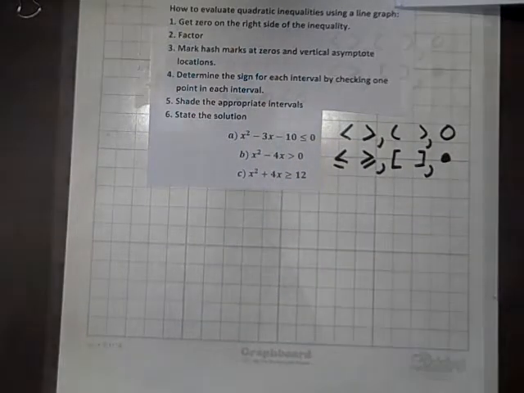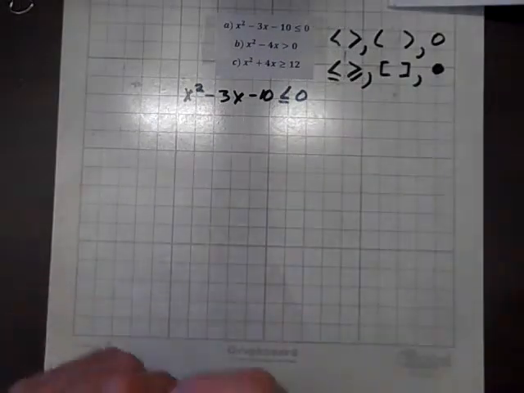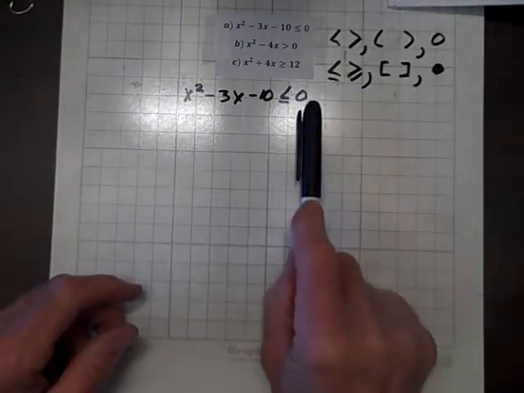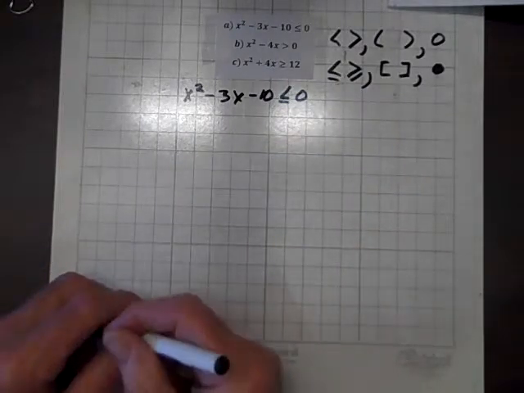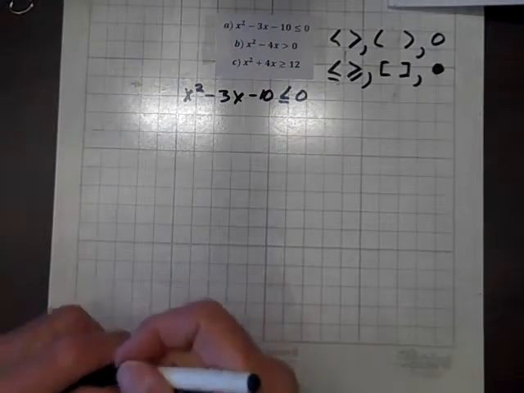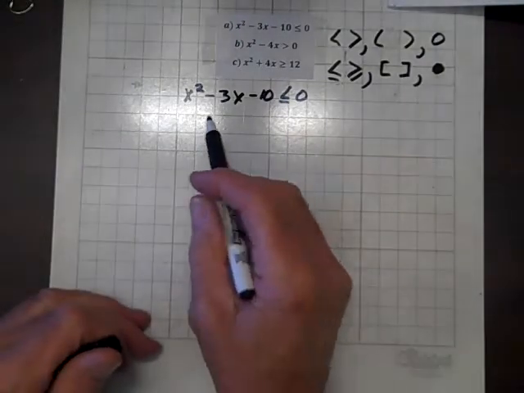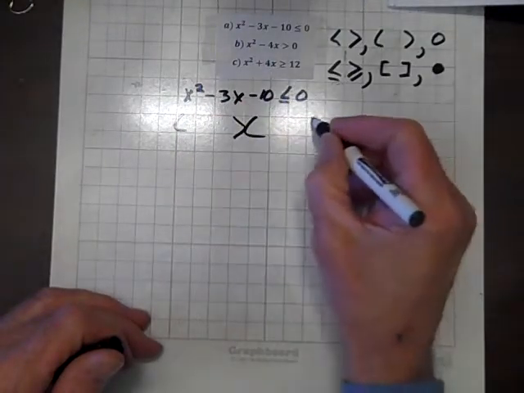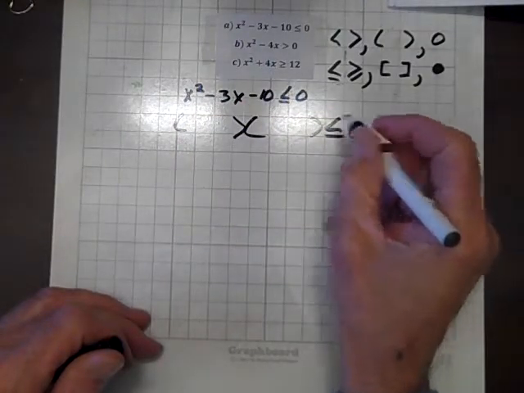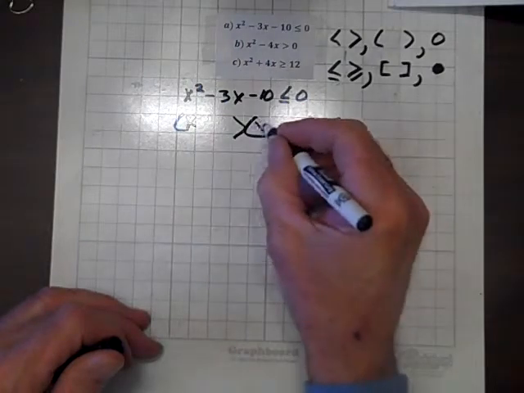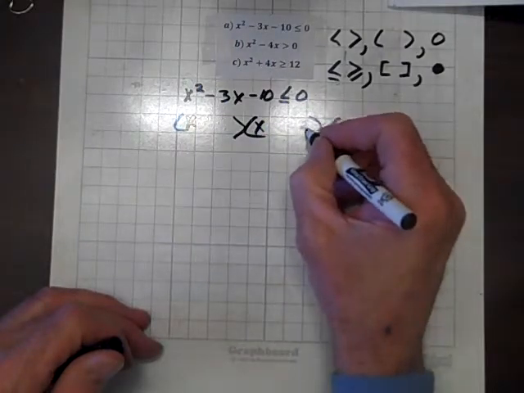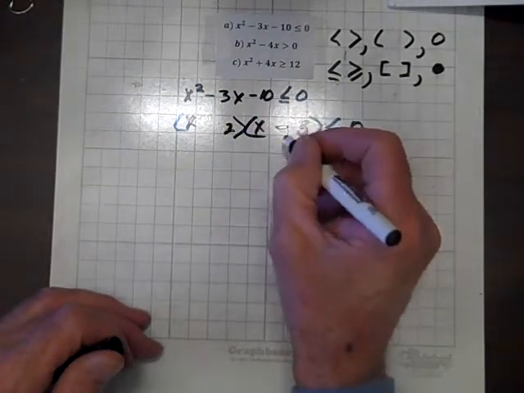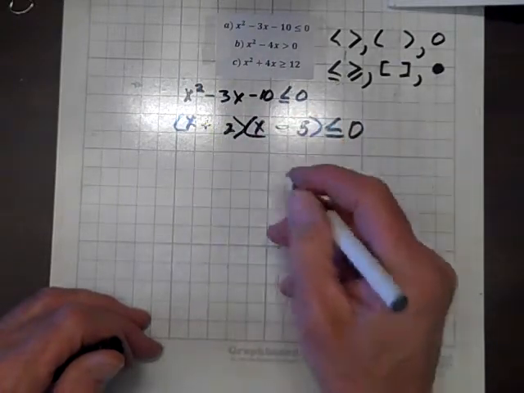Well, for the first inequality, we already have 0 on the right side of the inequality, so the next task is to factor. And let's see, we have an x and an x and a 5 and a 2, and the 5 will get the negative, the 2 will get the positive.